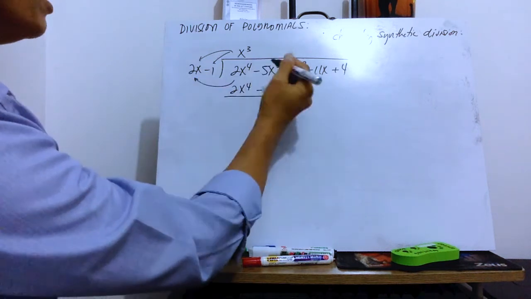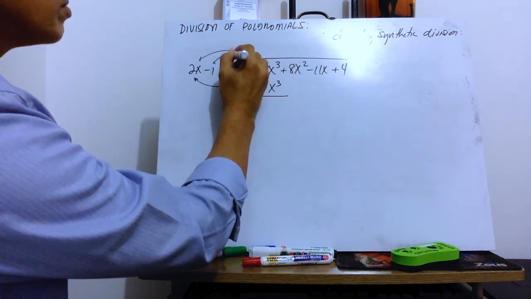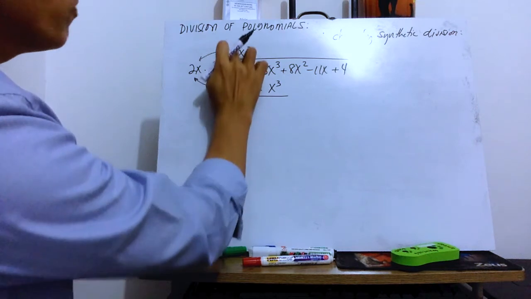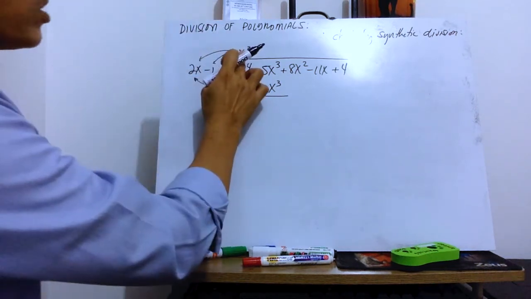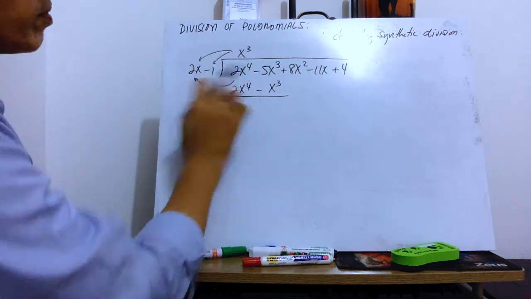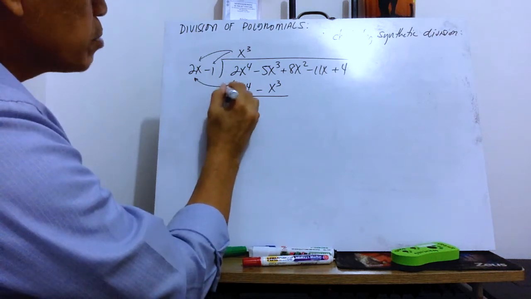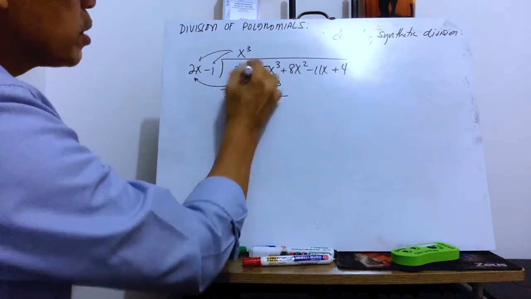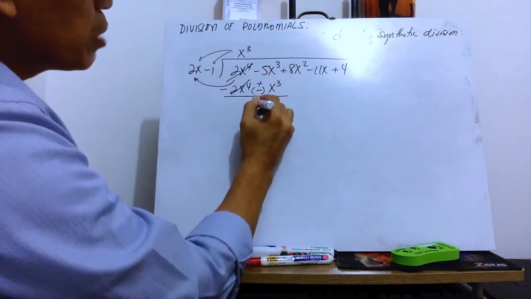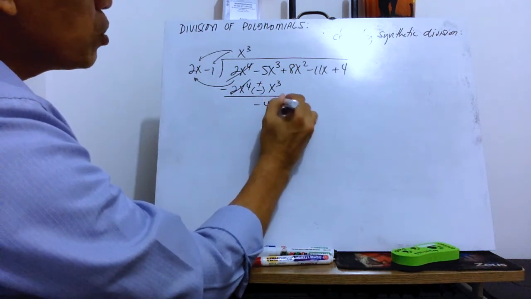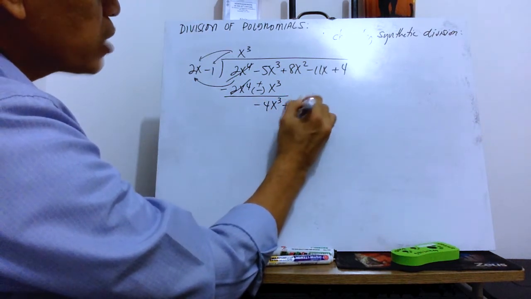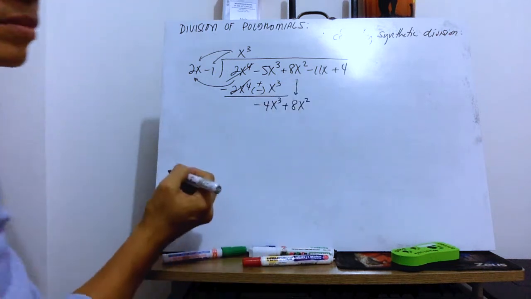This should be 2x cubed. 2 divided by 2. So x cubed times x. And then let's change signs. Minus, plus, cancel. So this becomes negative 4x cubed plus 8x squared. So bring down the next term and then divide again.